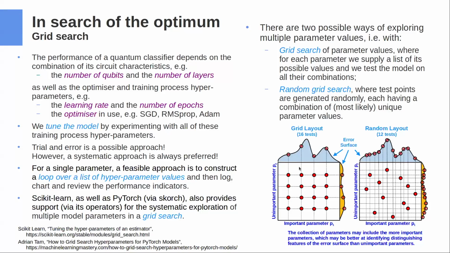As you can see here, a lot of parameter values overlap on the cost landscape, so a lot of those parameters will clash when it comes to values. So that gives you a better coverage, but reduces the number of tests that you could perform. So that's a random grid search and a normal grid search.